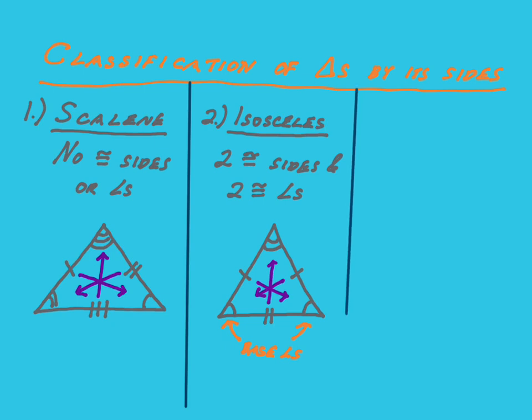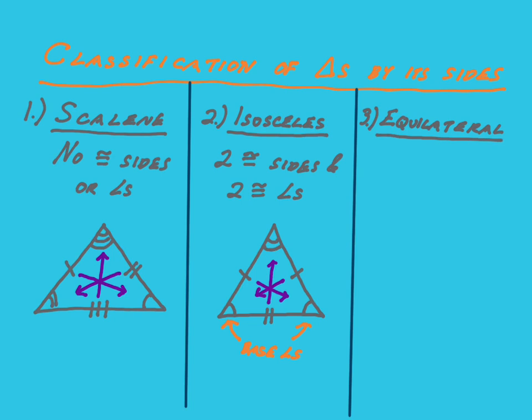Let's go and take a look at our last classification by sides. And that is equilateral. The prefix is equi, and that means that it has three congruent sides, or all sides congruent, and three congruent angles.